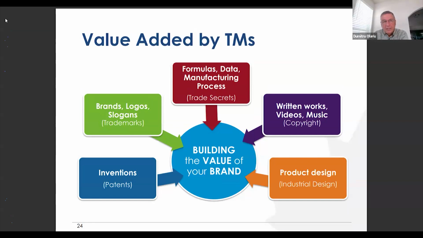So trademarks contribute a lot to the value of a brand, but not only trademarks. Trademarks are probably the main contributor to the value of a brand, but other forms of IP kick in. We've seen the industrial design, the shape of the Coca-Cola bottle, and how it contributes to the value of the brand Coca-Cola.